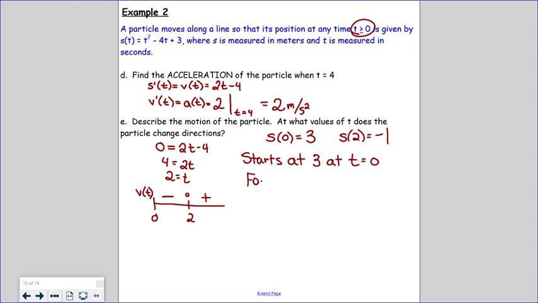For 0 is less than t is less than 2, it moves left. Why does it move left? Because our velocity is negative, right? That's our symbol for velocity is negative. At time equals 2, then we get all the way to negative 1.